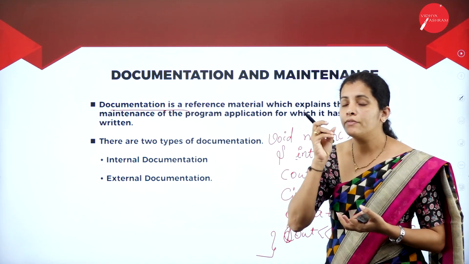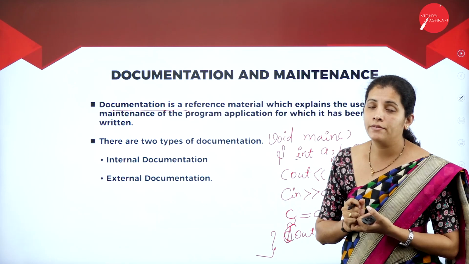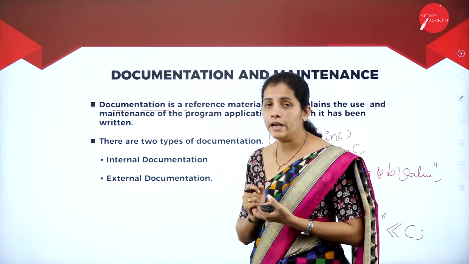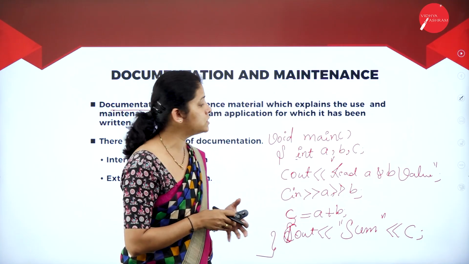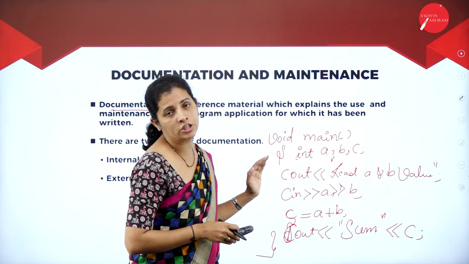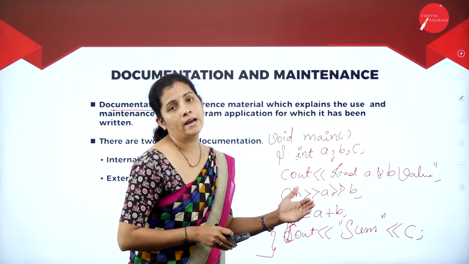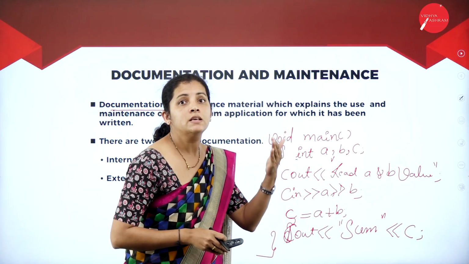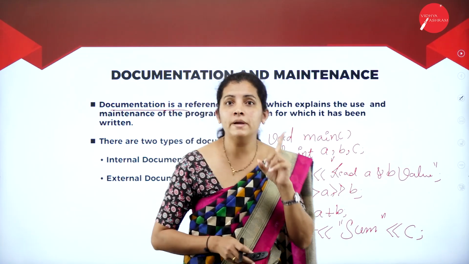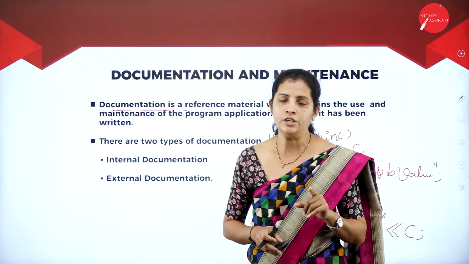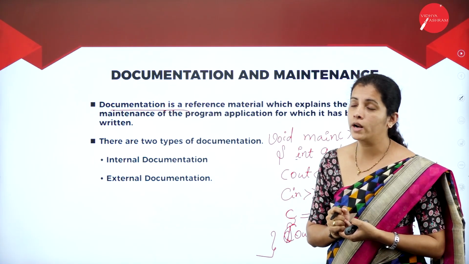By seeing the referential material, anyone can easily identify what was carried out, what kinds of variables are used, and how the calculation parts are carried out. If there is any linking file or sub file, everything is clearly mentioned in my documentation. So that is the reference material for other programmers.